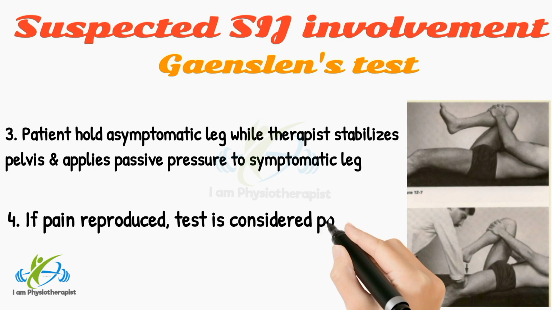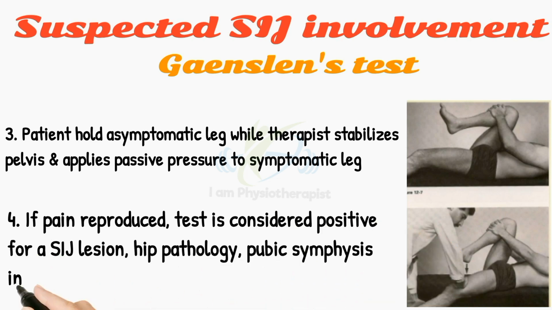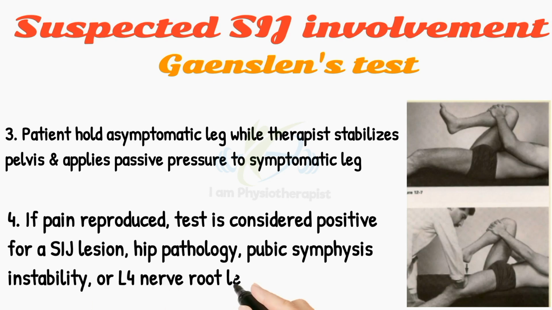If the patient's normal pain is reproduced, the test is considered positive for a sacroiliac joint lesion, hip pathology, pubic symphysis instability, or an L4 nerve root lesion. Meanwhile, the femoral nerve may also be stressed by this test.